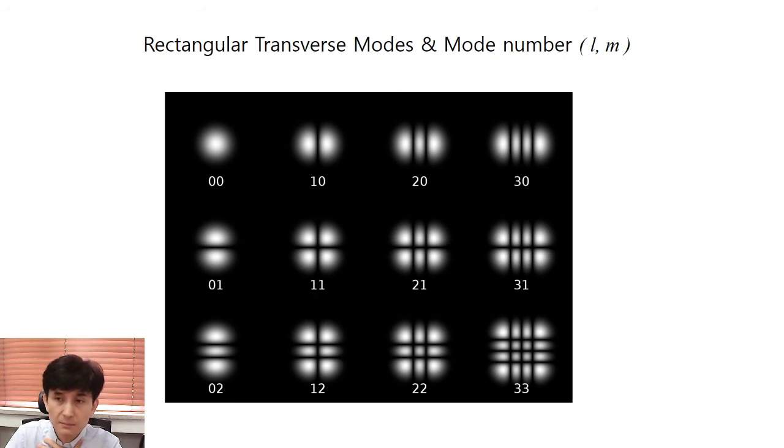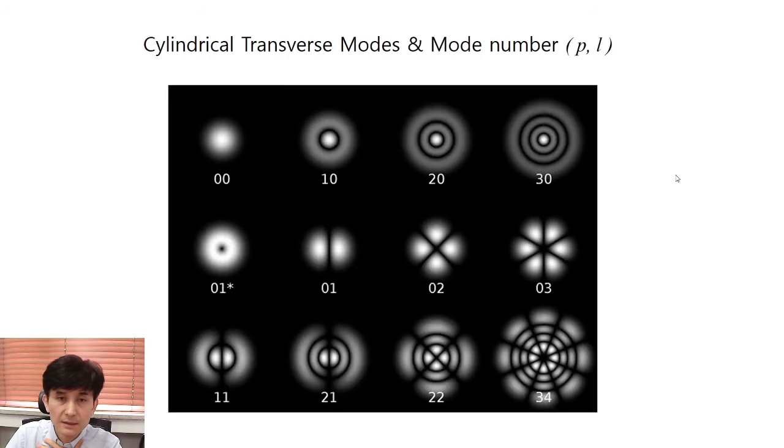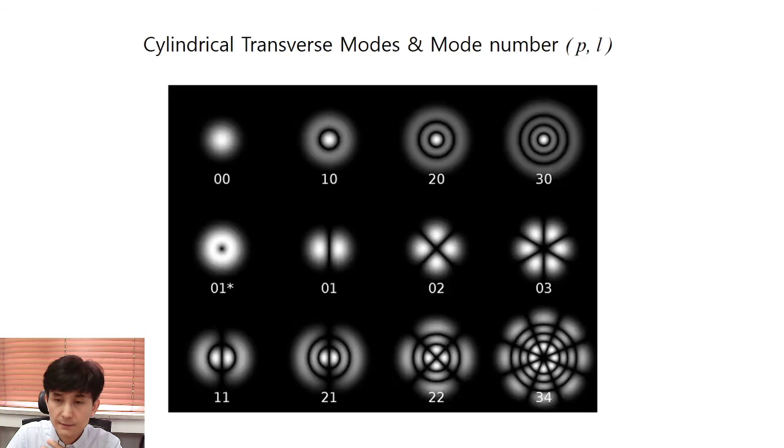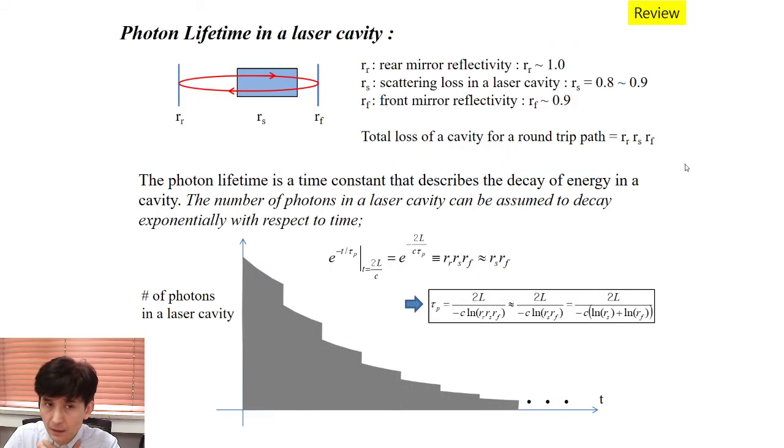Anyway, these are the modes along the transverse and longitudinal direction, and these are the consequence of the laser cavity with two mirrors. And this is the important concept we need to consider: the photon lifetime in a laser cavity. If there is one photon oscillating back and forth along the cavity, then there is a lifetime for that photon.